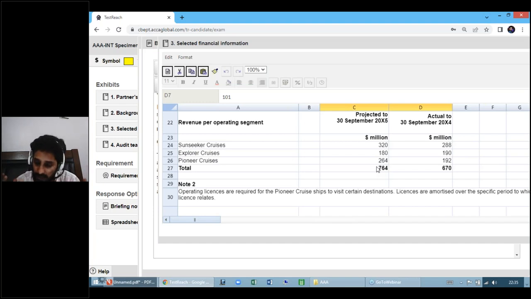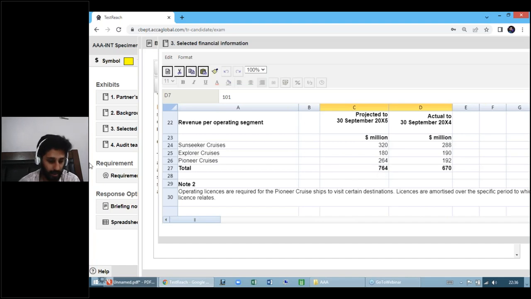This is the analysis from the financial information. Right?